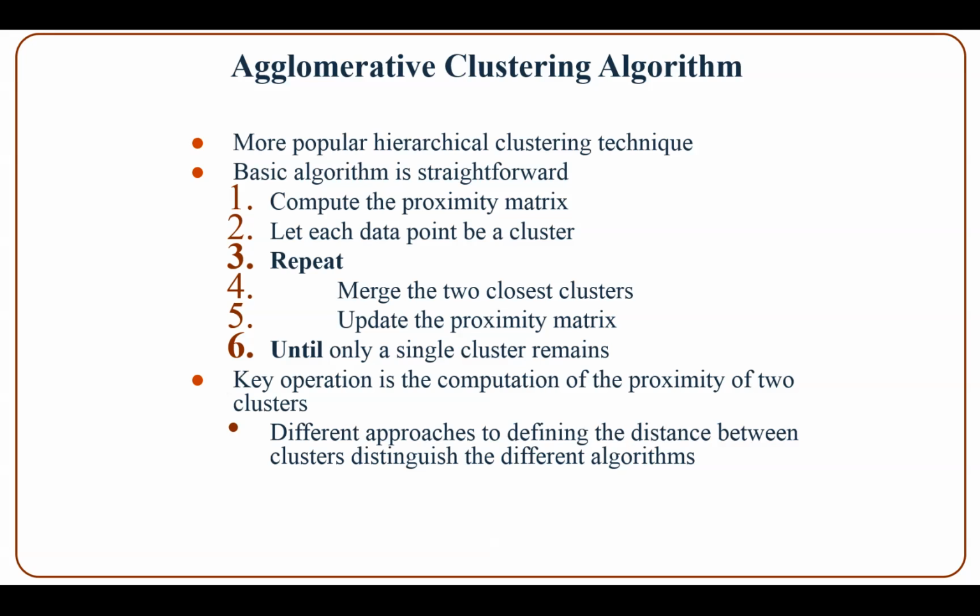We merge the two closest clusters and then update the proximity matrix until only a single cluster remains. The key operation is the computation of the proximity of two clusters, and there are different approaches to define the distance between clusters, and that distinguishes the different algorithms.